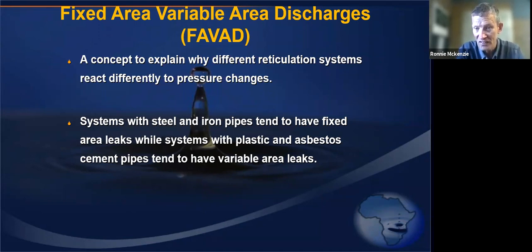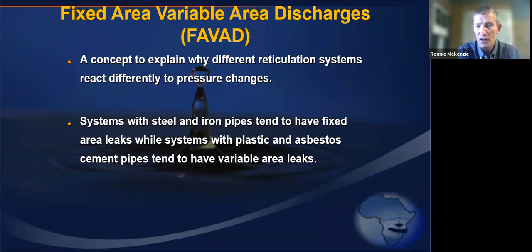So it's a fixed area discharge. As you increase the pressure on a fixed area discharge, the flow through the hole will increase at a square root relationship. So if you double the pressure, you will increase the flow through the hole by about 40%.